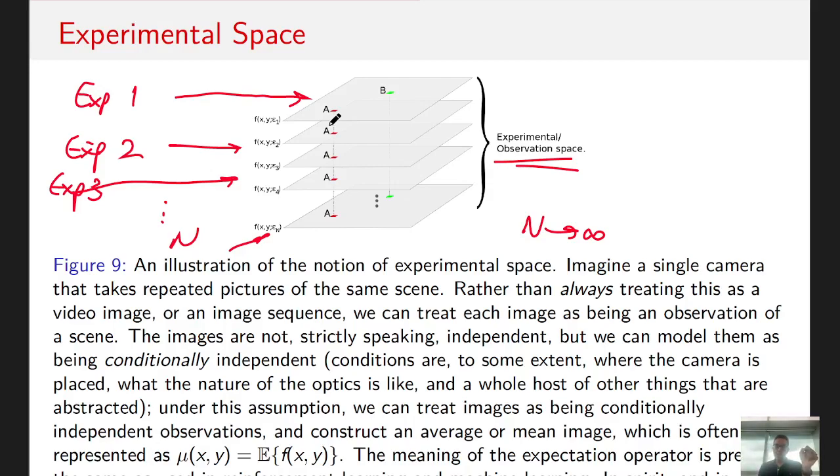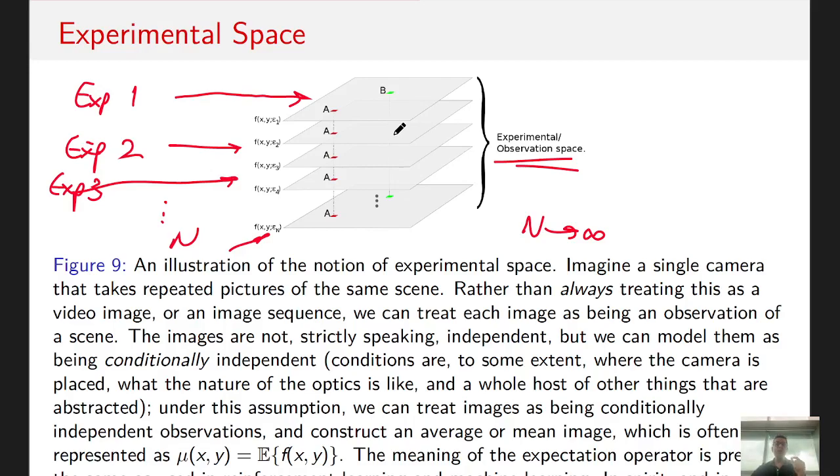if in one of these images I observe that the value of A in that particular experiment is a bit higher than the average I've computed, which is down here, in this particular image, which is experiment 3, can I make a prediction about whether the intensity at location B is higher or lower?